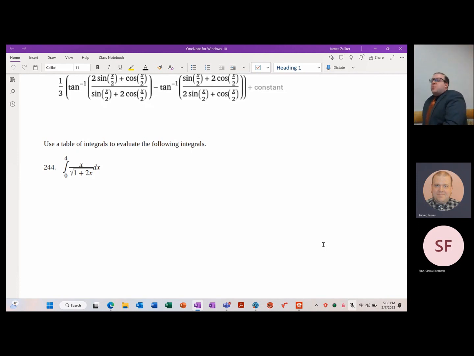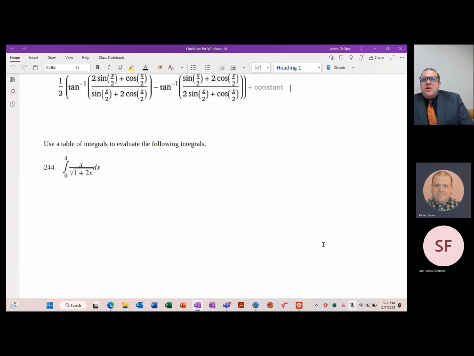There's one very important thing you need to remember when trying to read an integral table. Your integral, your antiderivative, your integrand must match exactly to the formula that's on the table.